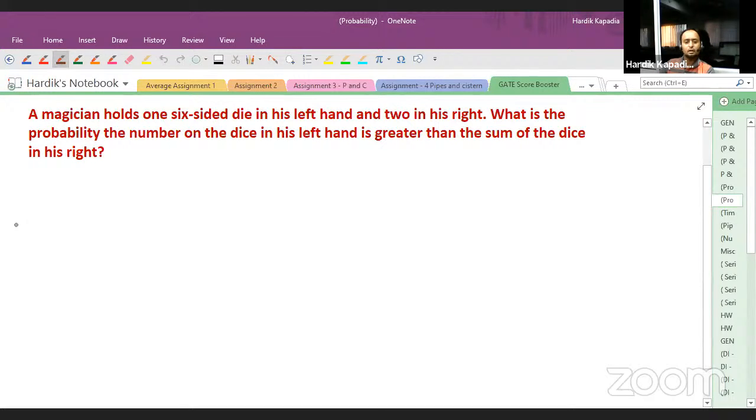Till the time, I'll write: a magician holds one six-sided die in the left hand, and this is the right hand.